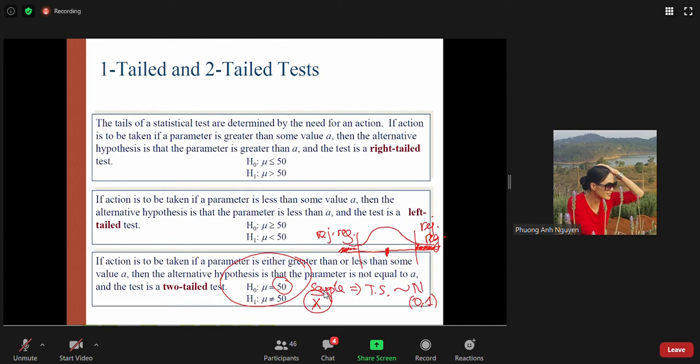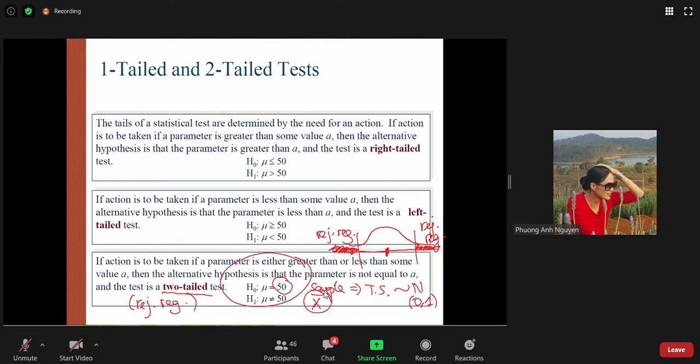You see that in this case you have two tails for the rejection region, so we call it the two-tailed test. The name comes from the rejection region location. When the rejection region is on the right and on the left, meaning both tails, we call it the two-tailed test.